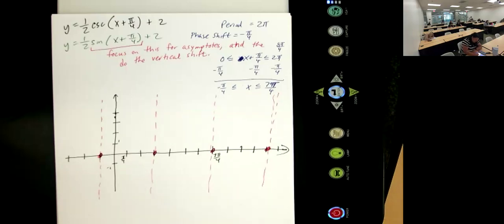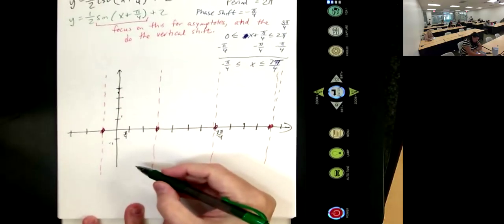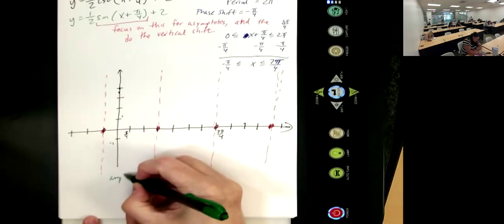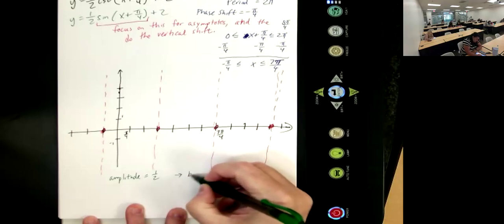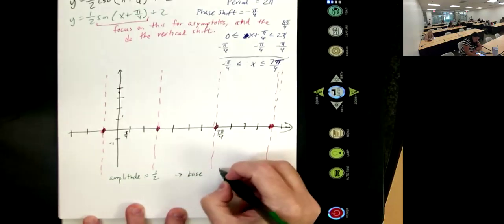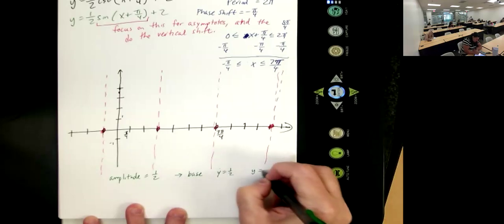And then I'm gonna do a little side work over here. My amplitude is 1/2. So the base graph will have points at y equals 1/2 and y equals negative 1/2.